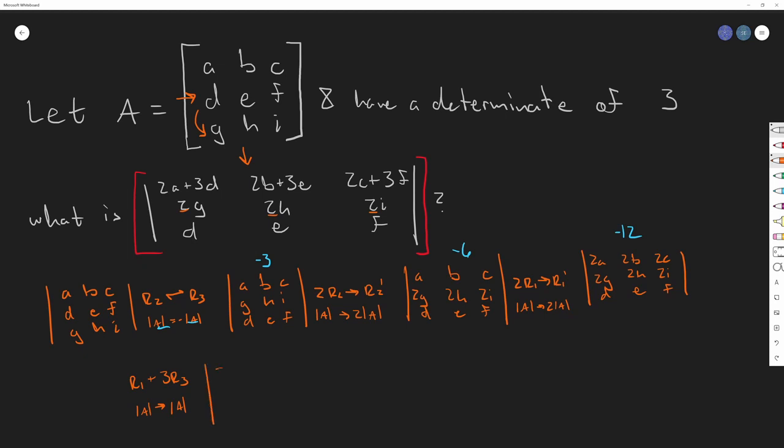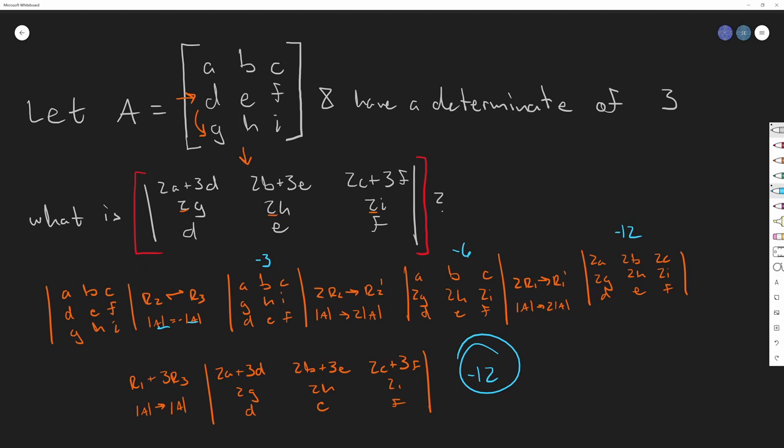So now what we end up getting is 2a plus 3d, 2b plus 3e, and 2c plus 3f, and then 2g, 2h, 2i, and then d, e, f. And our determinant, which would be our answer, will still be the same. So this is our answer for the first question.